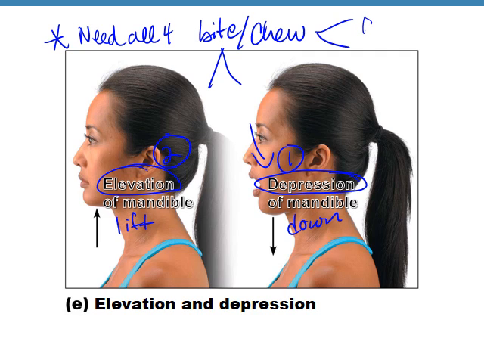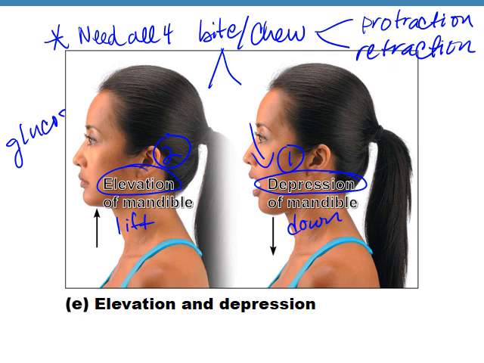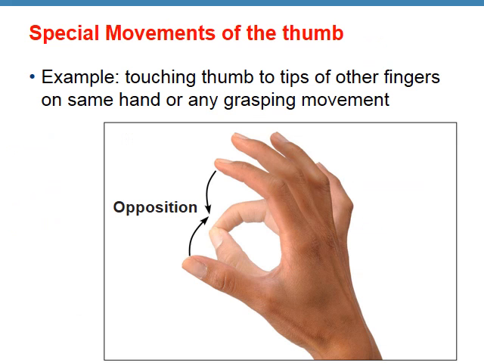To chew, you would have to do protraction and retraction. So all four special movements of the mandible are necessary in order to bite and chew food, which we need because why? We need to get glucose because we have to make what? ATP.